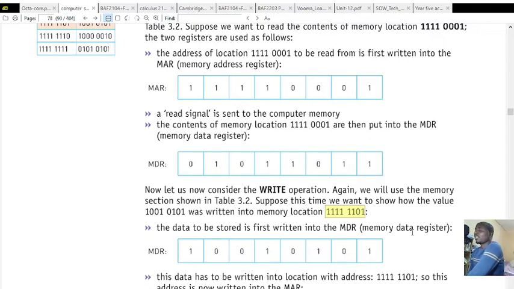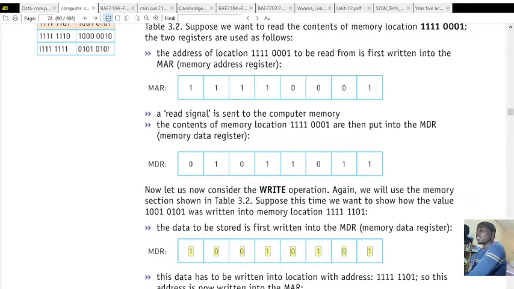At that moment, the memory location on which the information is supposed to be written is already in the memory address register. This is the address, and this is what should be written inside that address.